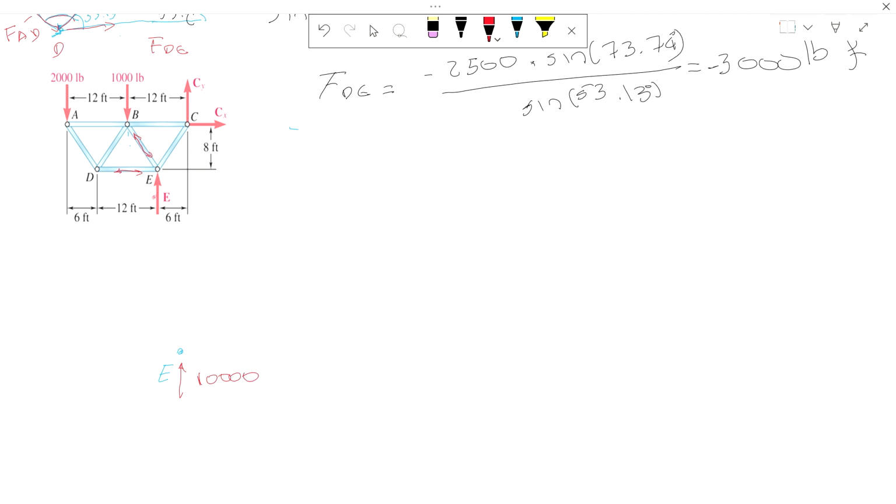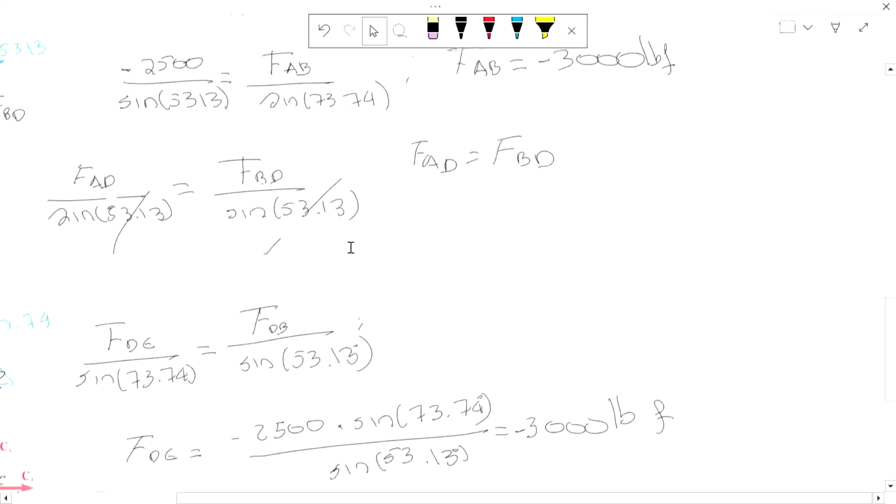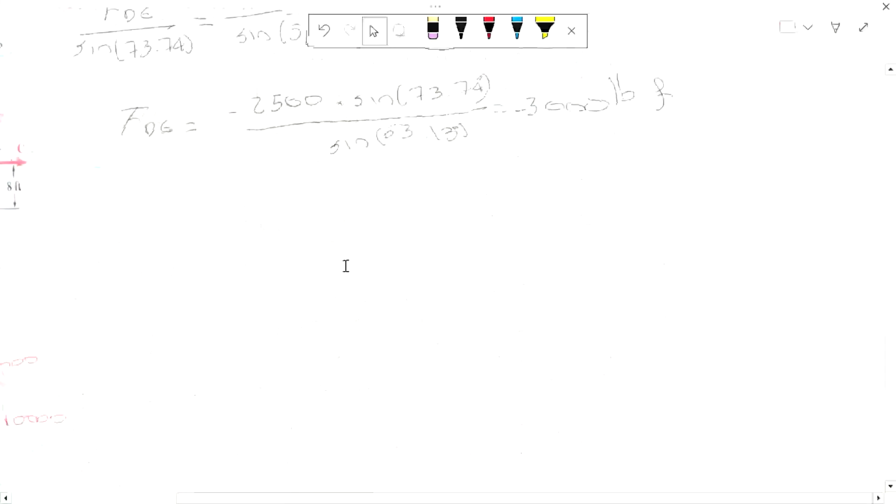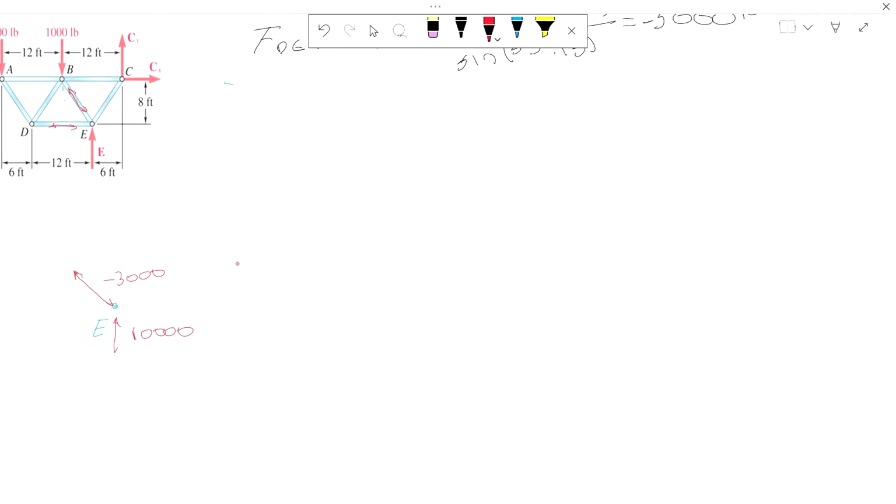This force was given to us, so this is the column or the support. Okay, and we have a force of negative 3,000, and the force B to E. Do we actually have B to E or not? We don't have B to E, do we? No, we don't have B to E. Okay. So we have to compute B to E first.